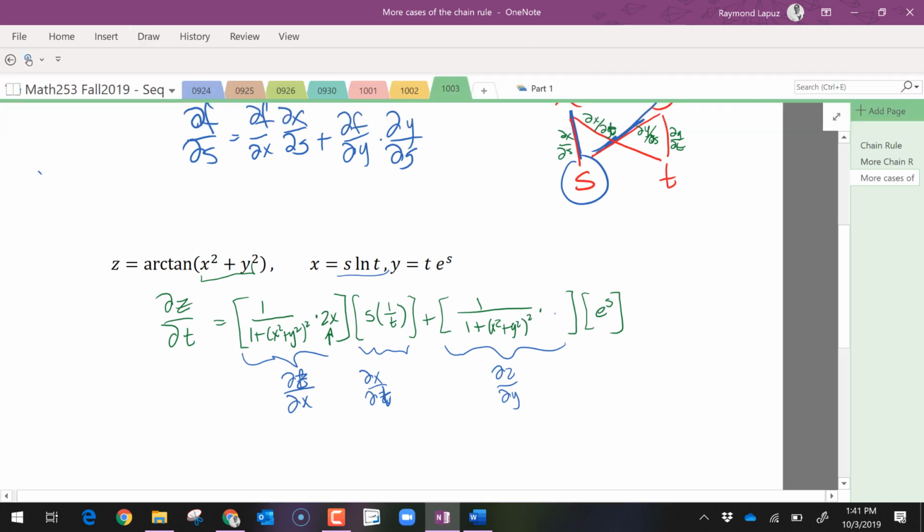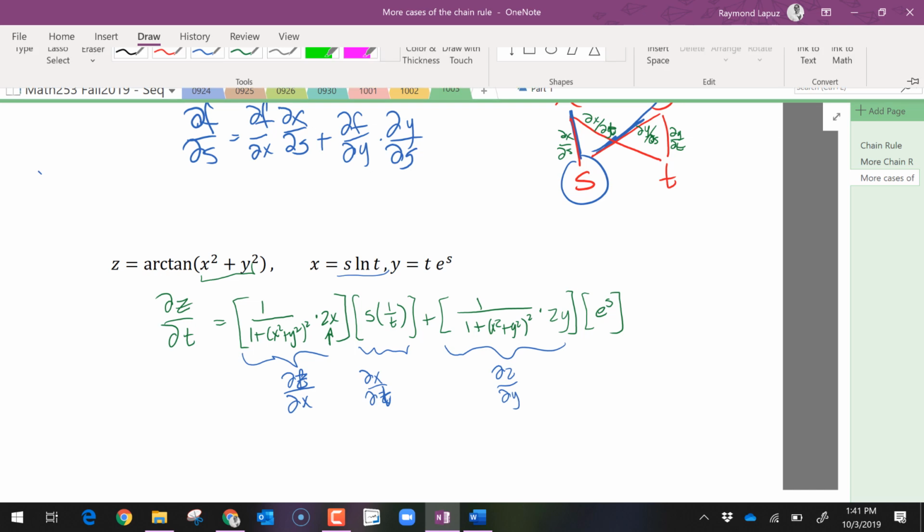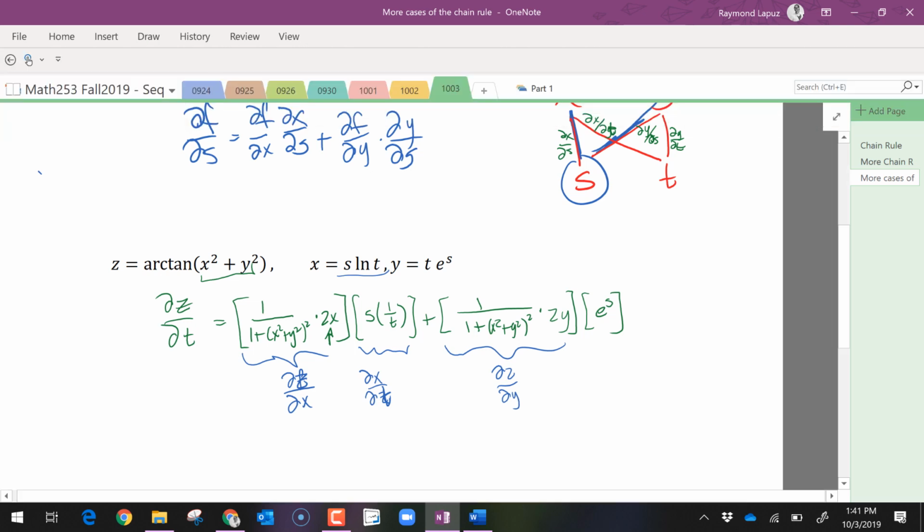So the derivative of arctan is 1 over 1 plus something squared times the derivative of something with respect to, in this case, y. And then the last bit is just the derivative of y with respect to t. And e to the s is a constant, so it's just e to the s.